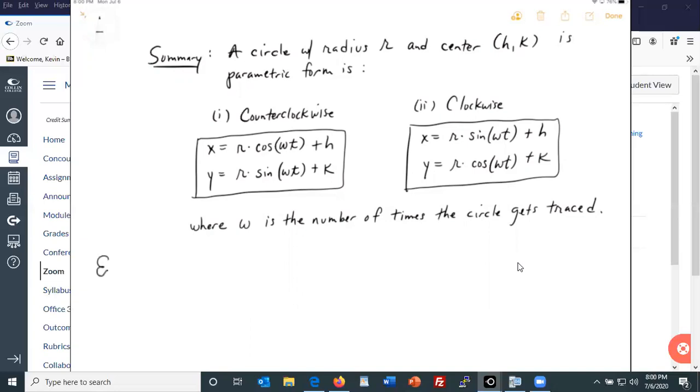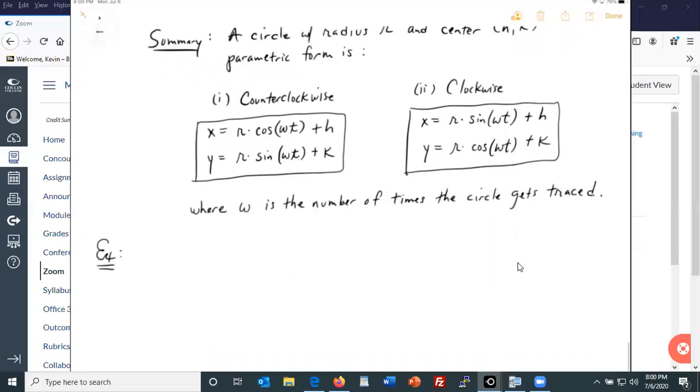And let's do two examples where you're going to tell me what the equations are based on specific information. So example 1.